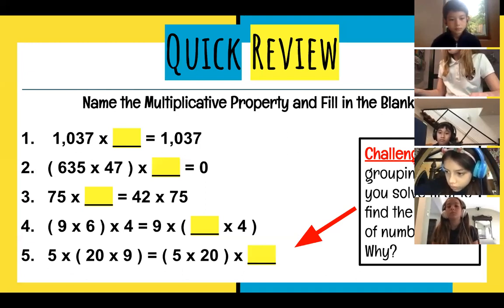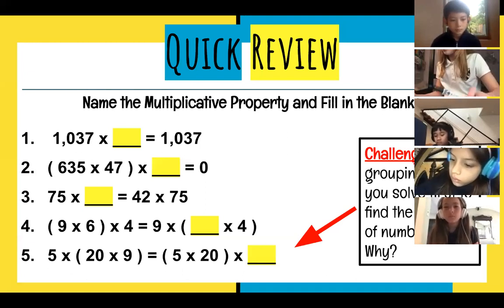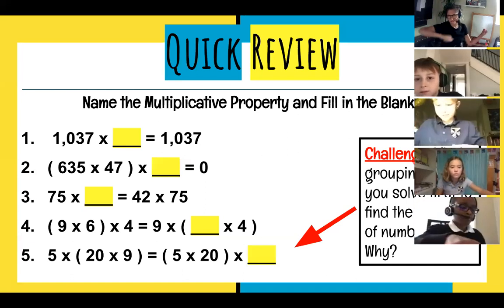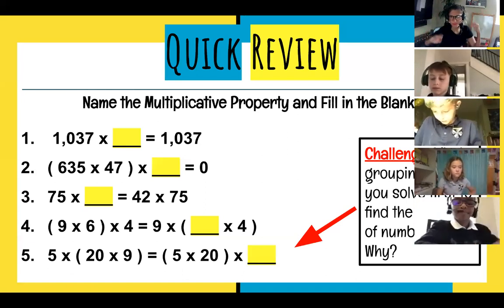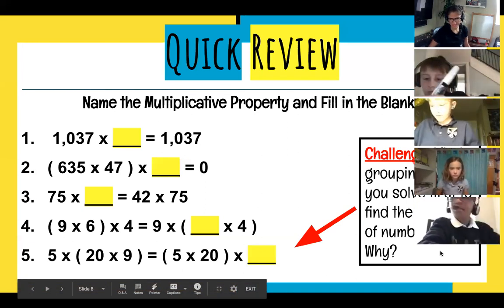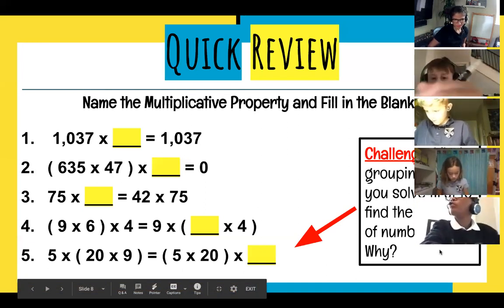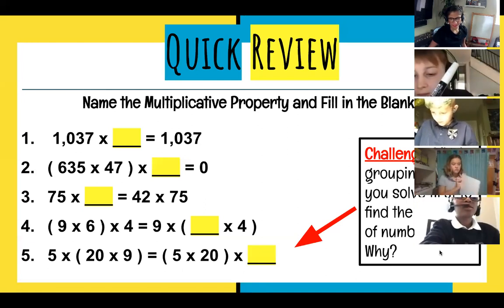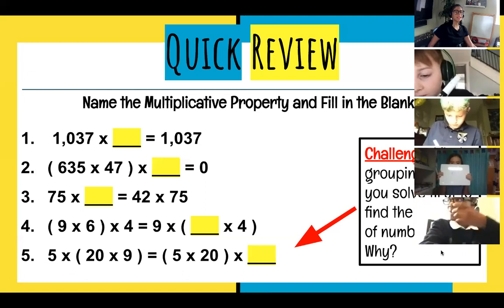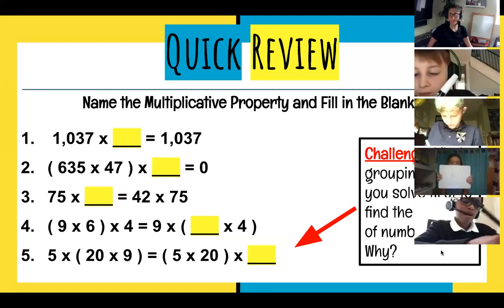Next one, 75 times what equals 42 times 75? Put just your answer, and you can write it nice and big on your whiteboard and hold up your whiteboard to the screen. If you know your properties well, you have no solving to do. You shouldn't be sitting there doing any kind of multiplication.